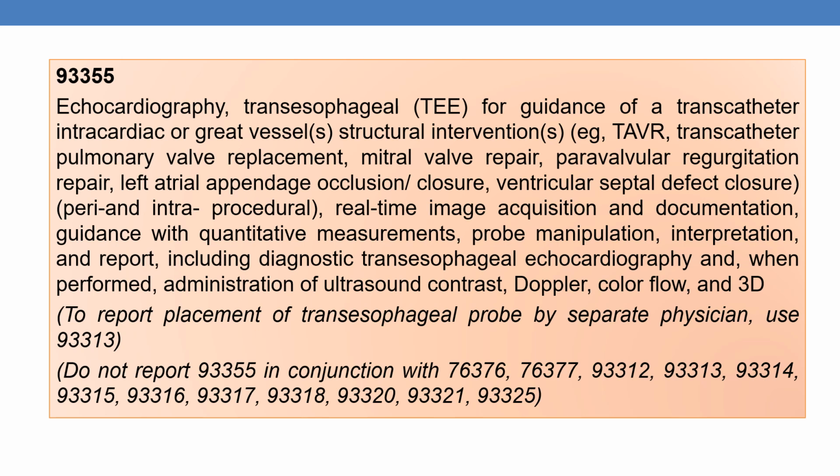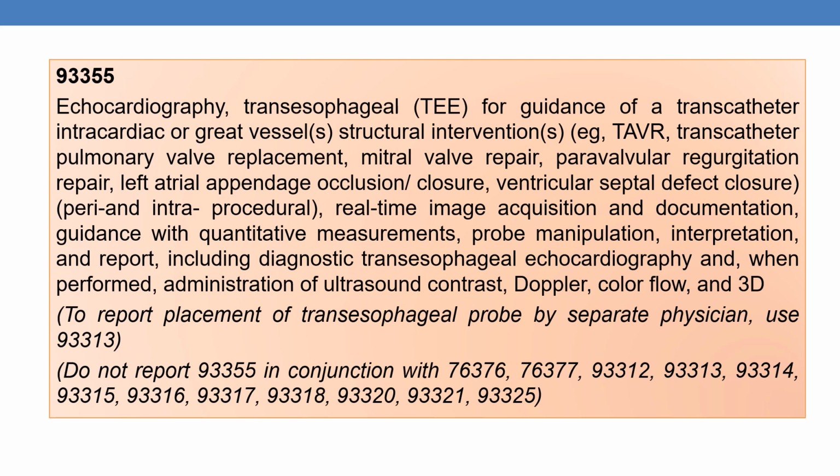And to report the placement of transesophageal probe by separate physician. If same physician inserts the probe and performs the echocardiography TEE for the guidance of these procedures, you can use only one code 93355.